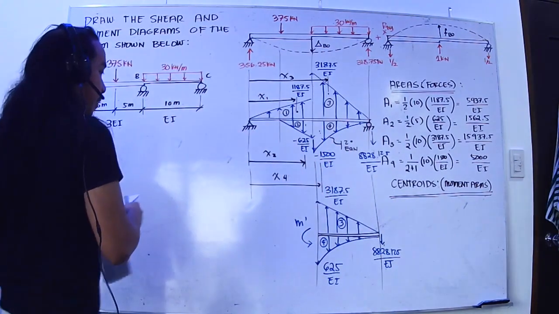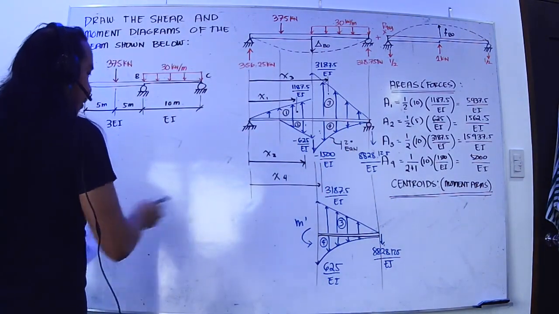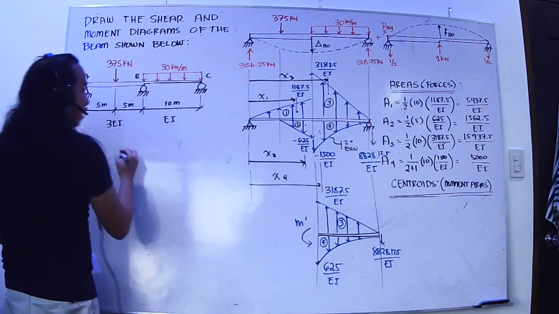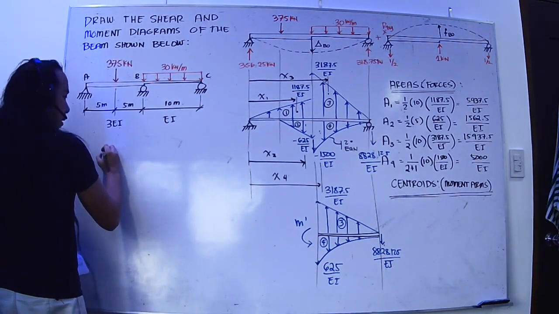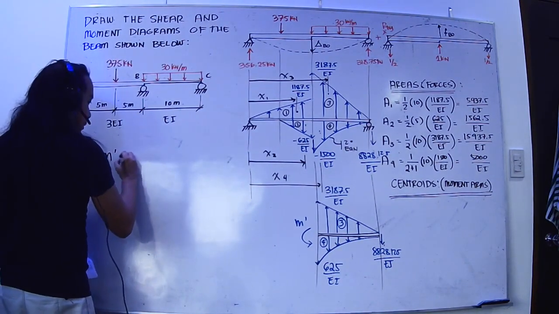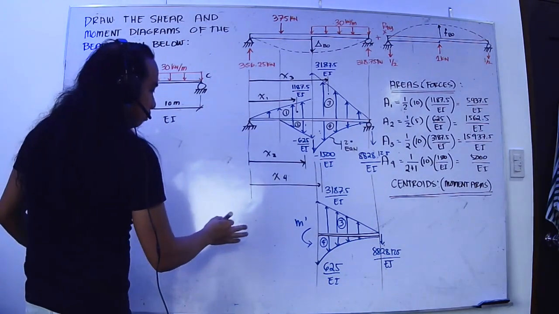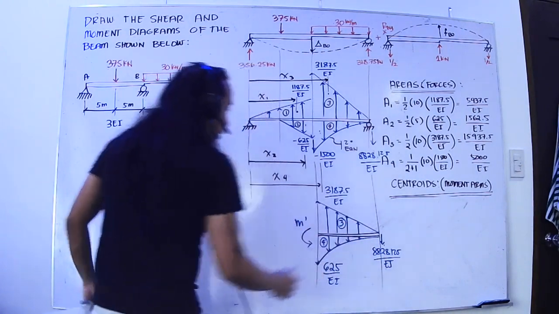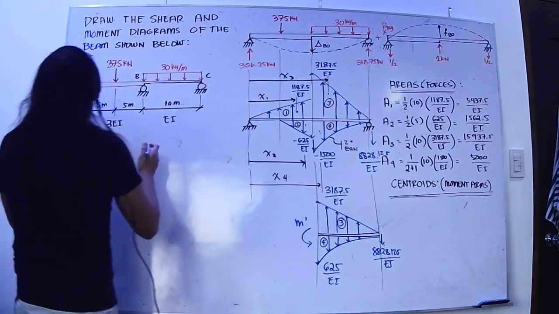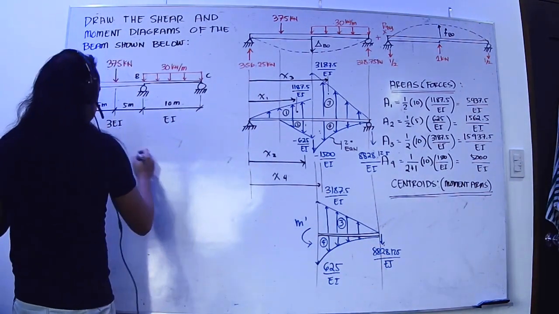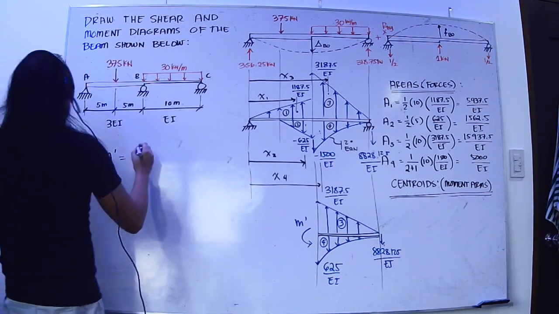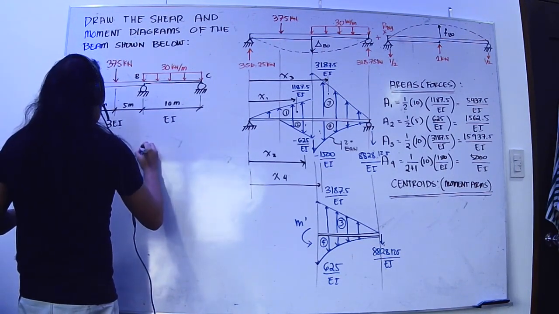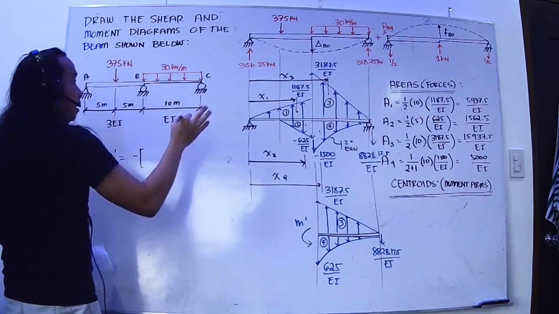Now, for this case here, I would like to solve for M prime. M prime is actually equal to 4 plus this minus this, so minus negative area number 3.